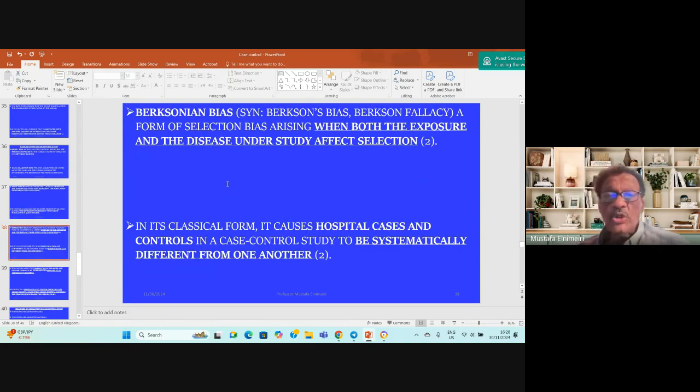We have Berksonian bias, which is also called Berkson's bias or Berkson's fallacy. It is a form of selection bias that arises when both the exposure and the disease under investigation affect selection. This means that in its classical form, it causes hospital cases and controls in a case control study to be systematically different from one another.